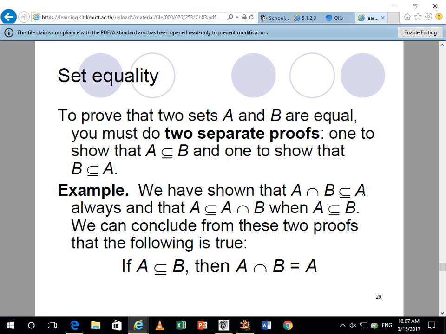Well, these two are equal when A is a subset of B. That's what we say here. If A is a subset of B, then these two sets, A intersect B and A, are equal.